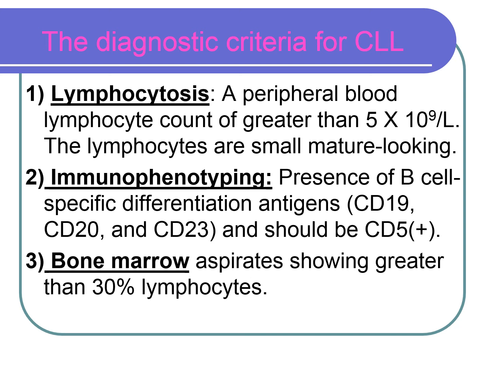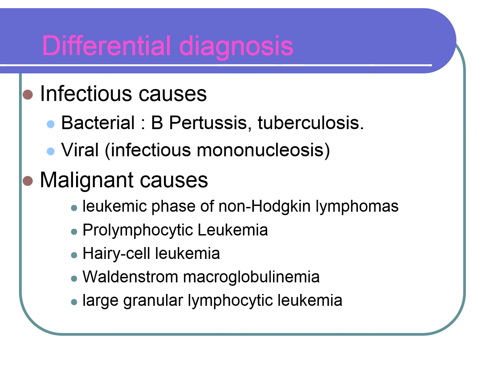On immunophenotypic examination, we can identify these B cells with a specific differentiating antigen, which is completely different from normal lymphocytes. They express B cell markers in addition to CD5, which is not normally expressed on B lymphocytes. On bone marrow examination, the aspirate shows greater than 30% lymphocytic infiltration, which is not common in normal bone marrow aspirates.